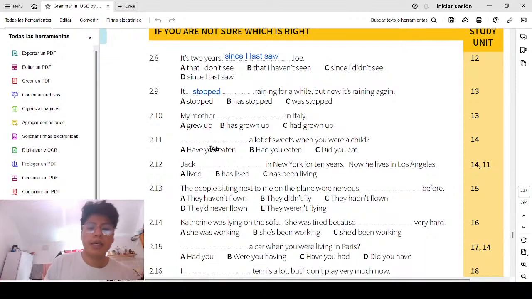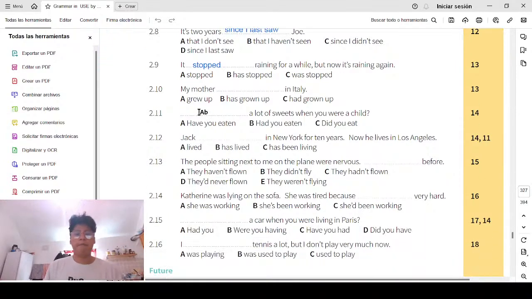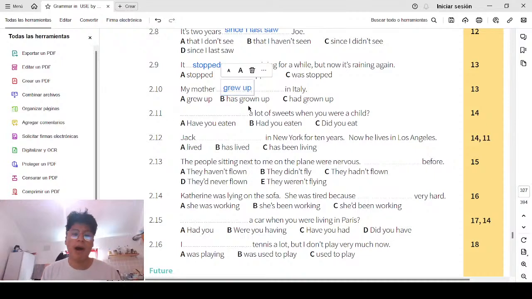Okay, and next one. My mother grew up in Italy, or my mother has grown up in Italy, or my mother had grown up in Italy. In that case, it's "grew." My mother grew up in Italy. Why is it "grew up in Italy"? Check it out.